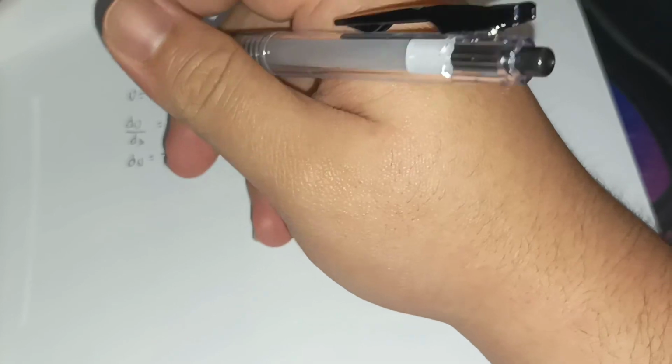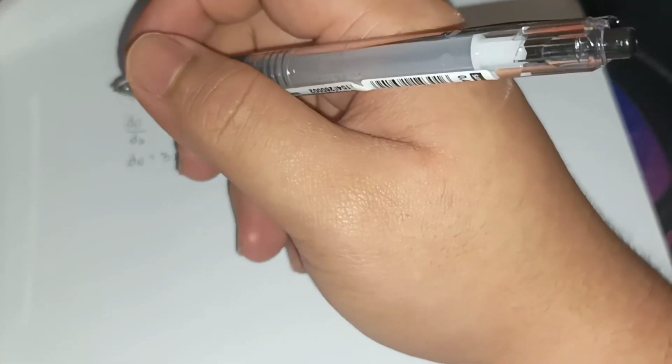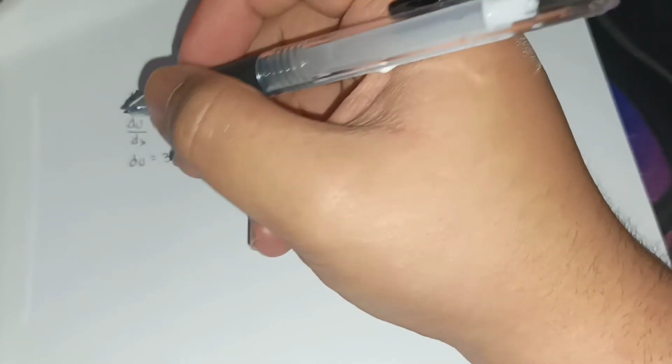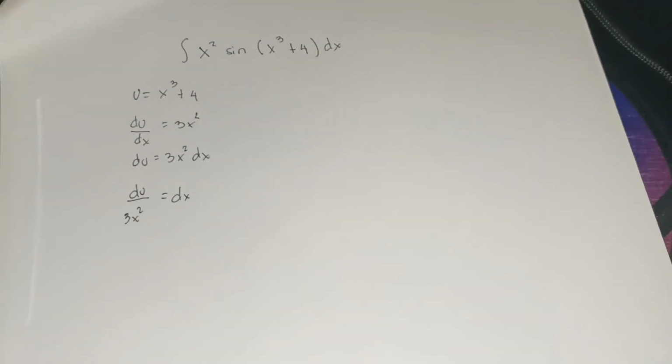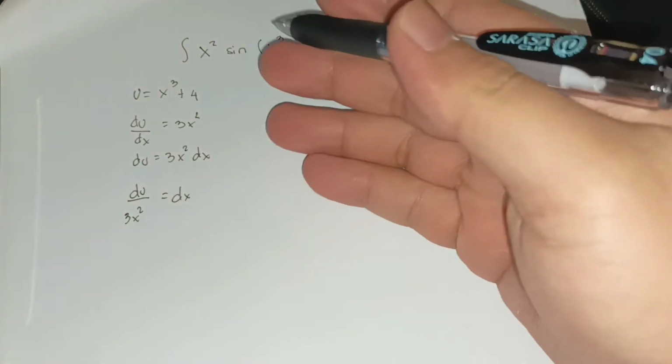And then if we bring down the derivative and exchange it with dx, this is what it will look like: du over 3x squared equals dx. Now we have our problem here.